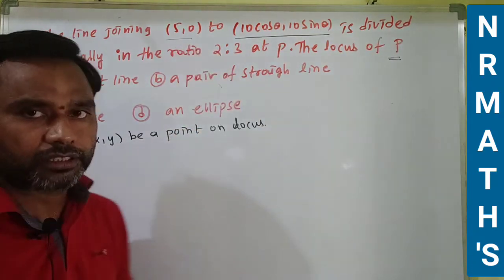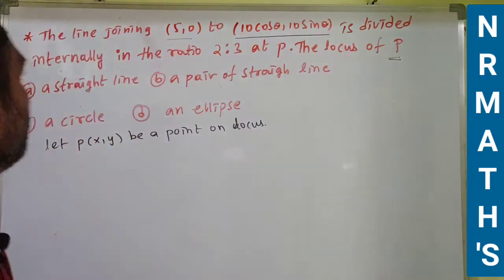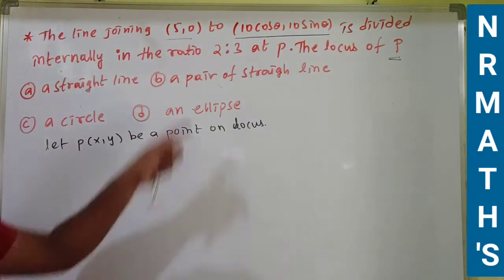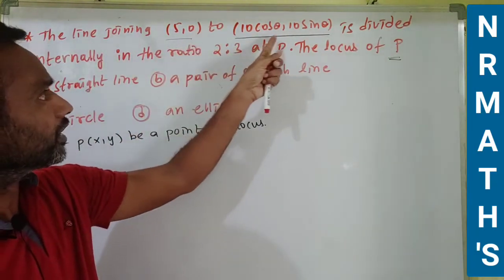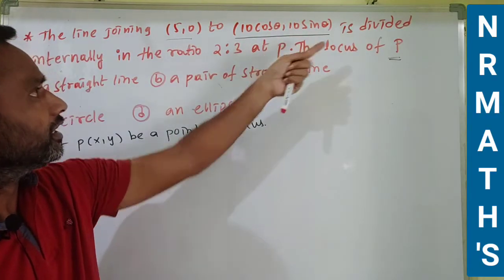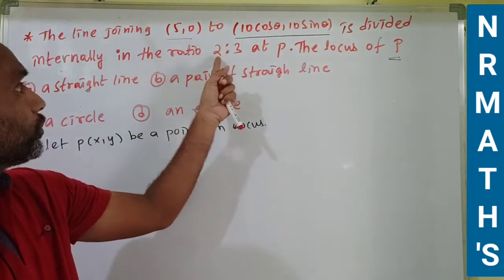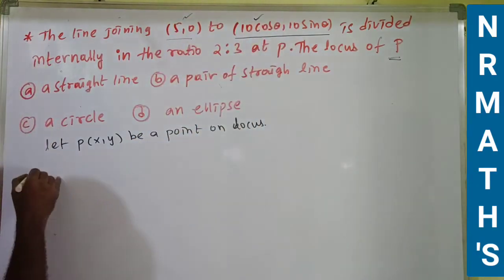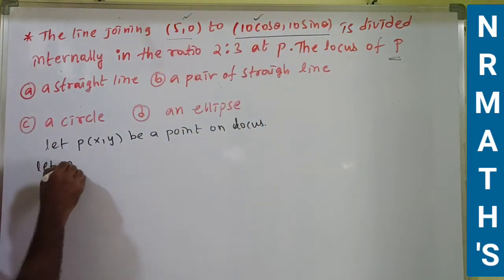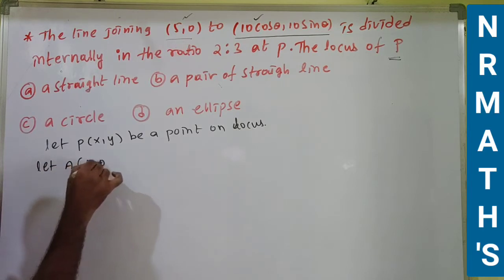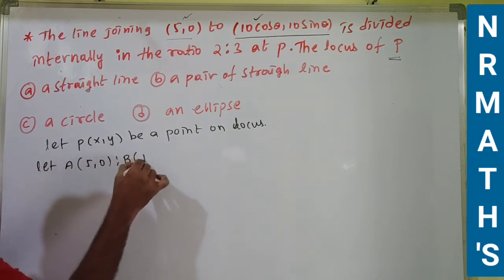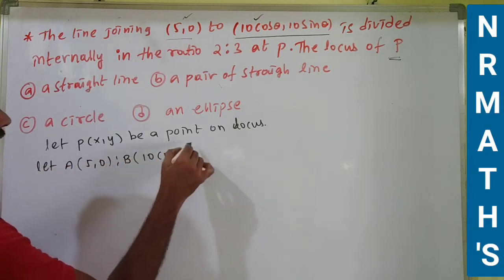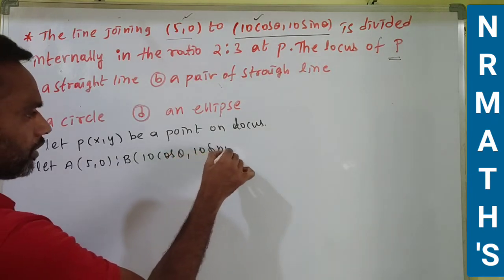It is the first condition. The line joining 5 comma 0 to 10 cos theta comma 10 sin theta is divided in the ratio 2:3. Let A be 5 comma 0 and B be 10 cos theta and 10 sin theta.